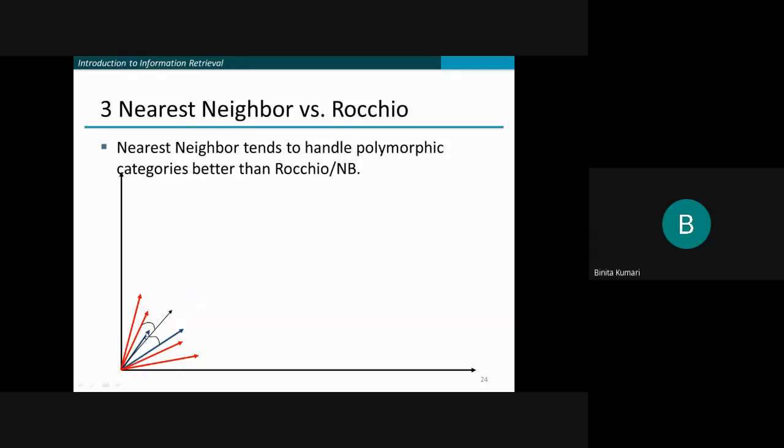We now calculate the distance between the new test document and each of these documents. After doing this calculation, this test document is assigned to the blue class. So KNN can effectively handle these types of situations.